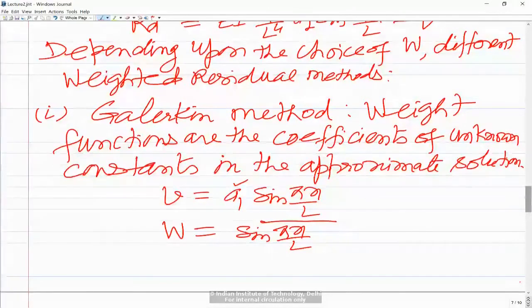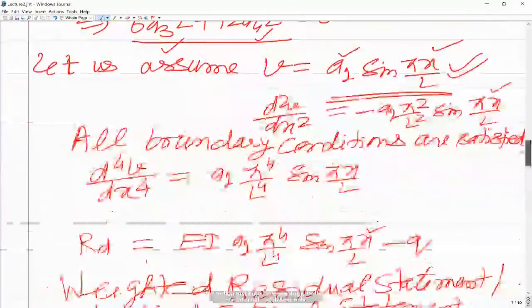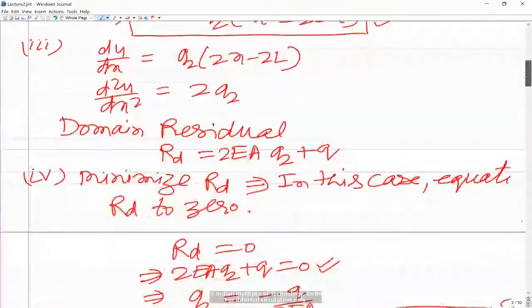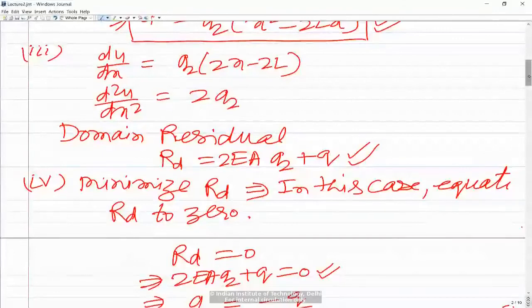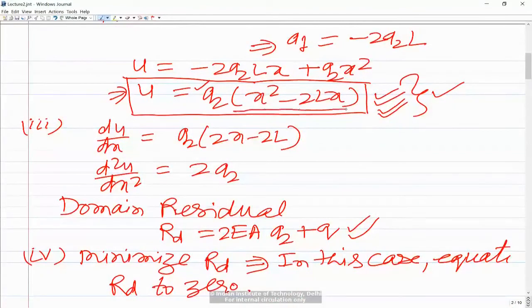Let me look at what would happen if we had solved the first problem using the Galerkin method. In the first problem we had this domain residual, and the approximate solution after satisfying the boundary condition is as you see here. The unknown constant is a2, and its coefficient is x square minus 2lx.